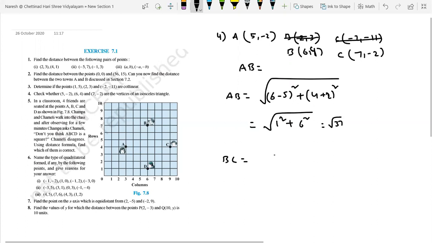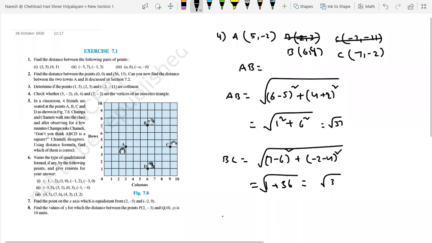When I calculate BC, the BC value is root of 7 minus 6 whole square plus minus 2 minus 4 whole square. This will be 1 plus 36, which is also root 37.